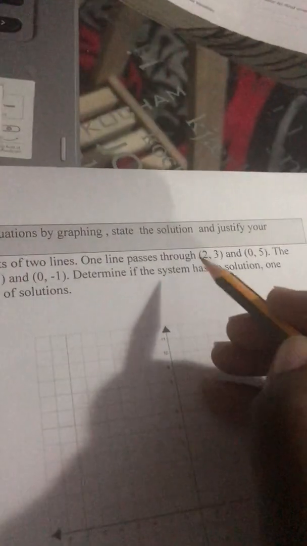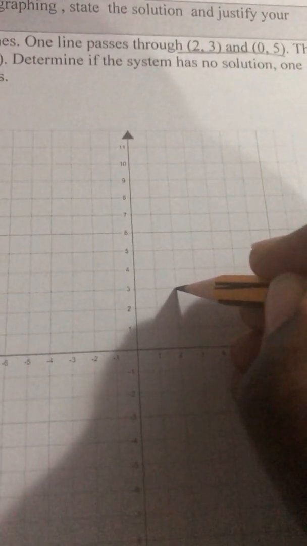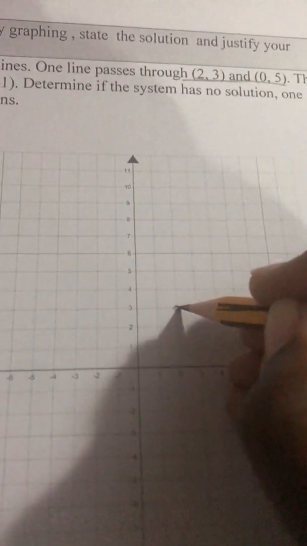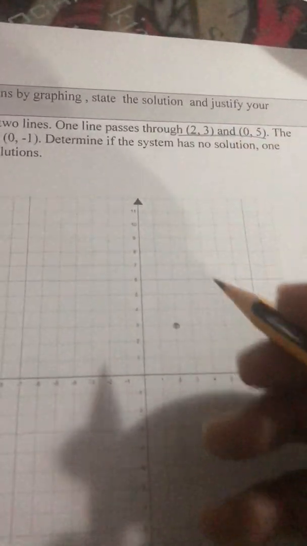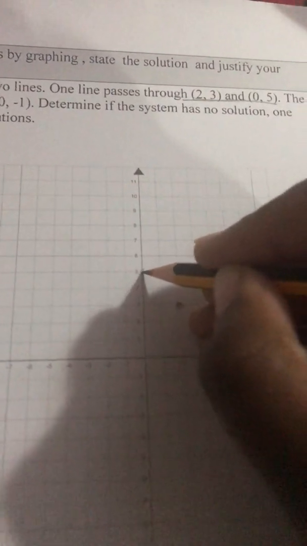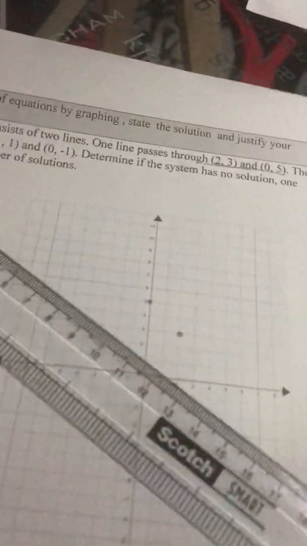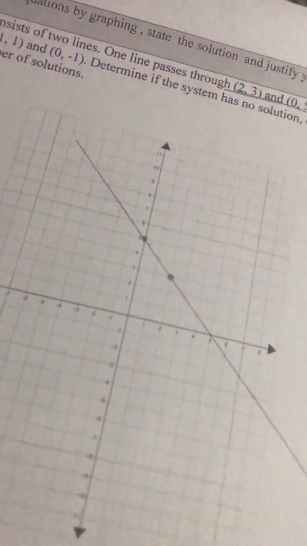So I'm going to graph. My first line is this one. 2, 3. Right there. My second point is 0, 5. Okay? So with that, I take my ruler and I join a straight line.